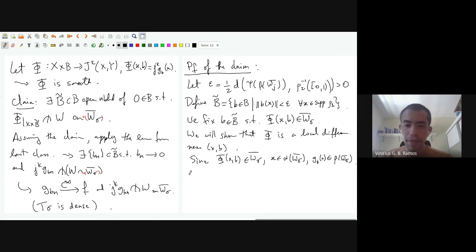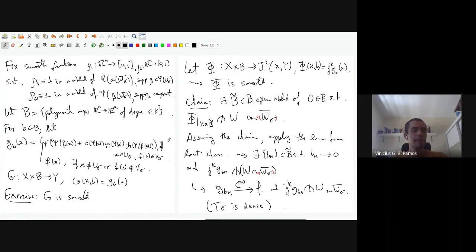Okay, so now we can write down psi of GB of x. I'm looking at my expression for GB and applying psi to it to get something in Rm. So recall, where is my expression? Here.